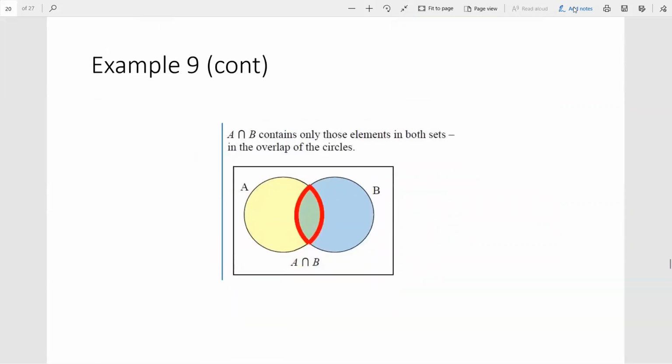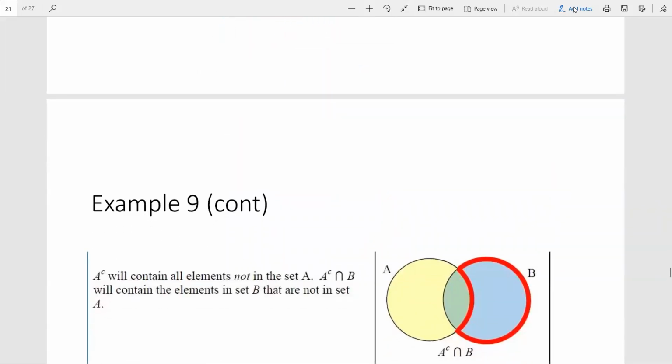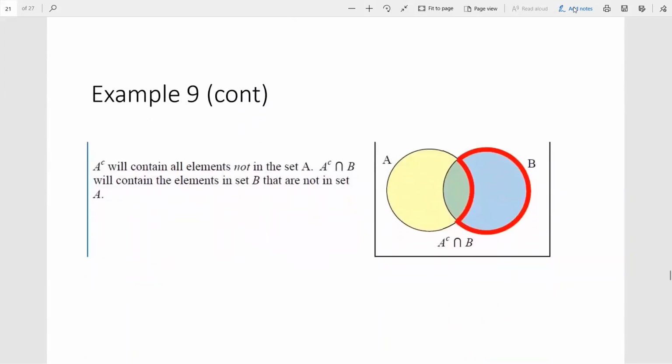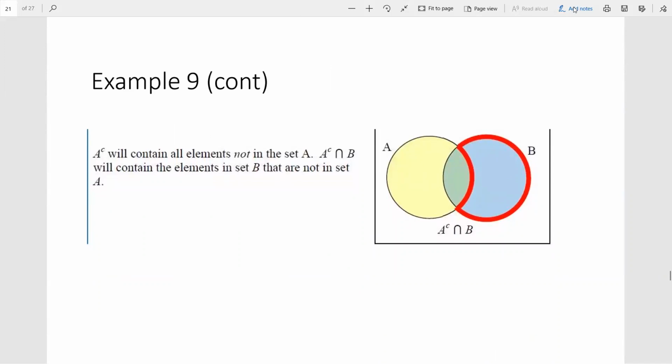Now, to depict A intersection B, it would be the overlapping part, the stuff here that's outlined in heavy red ink. This would be A intersected with B. Now, we want to do A complement intersected with B. Well, A is this.